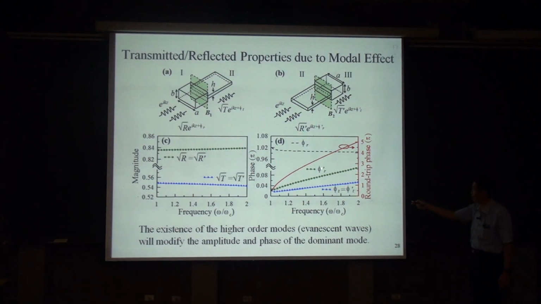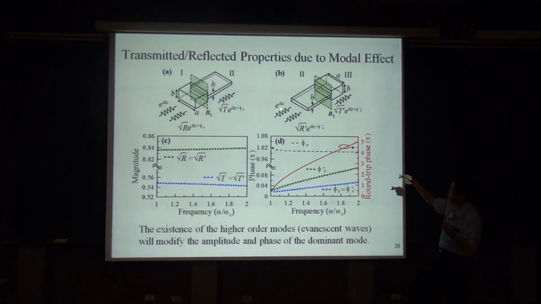This is the reflected phase, from inside to outside. This is transmitted from here to here. So we have extra phase. And this one is associated with this boundary because we have two boundaries in this case.